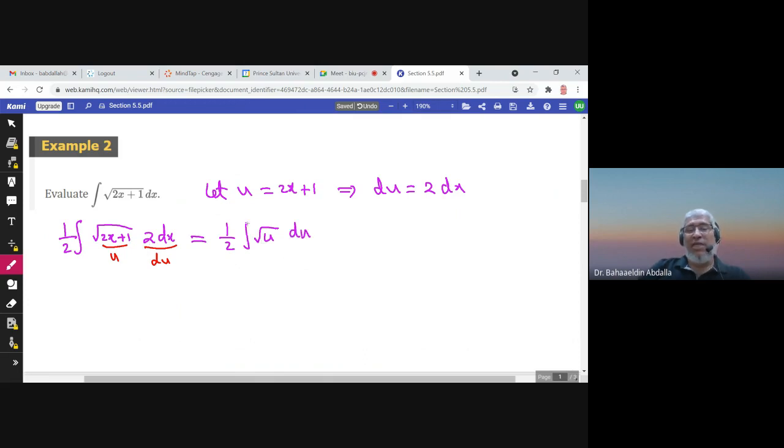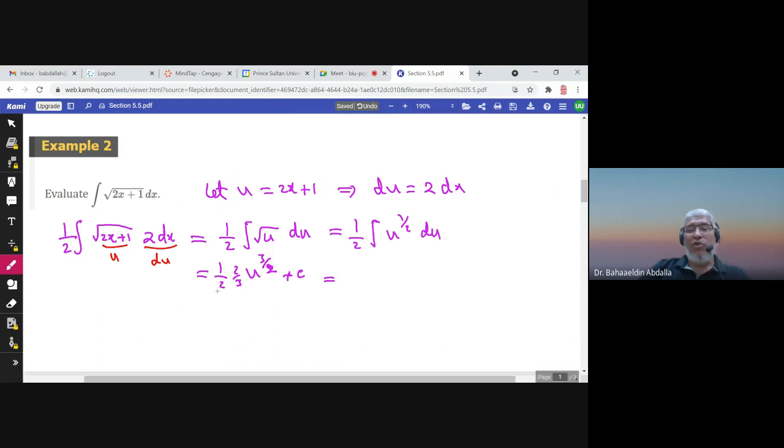And this is an easy integral which I can evaluate by writing square root of u as u to the power half. The integral would be u to the power half plus 1, which is 3 over 2, over 3 over 2, or times 2 over 3, plus c.